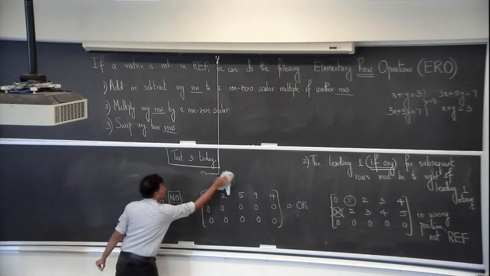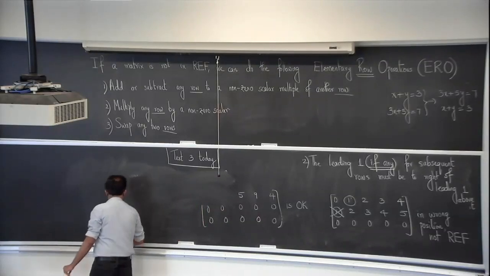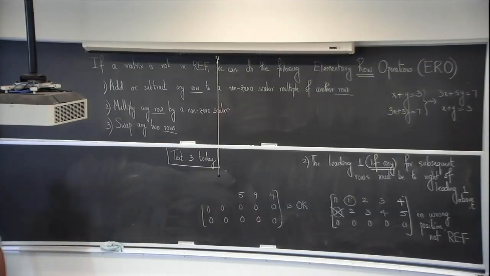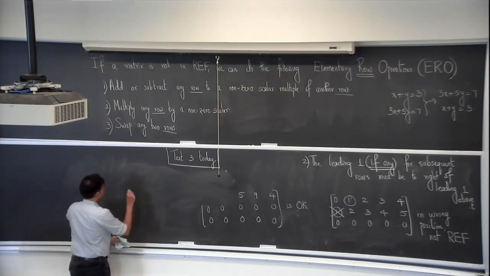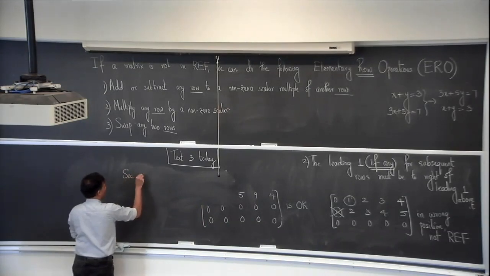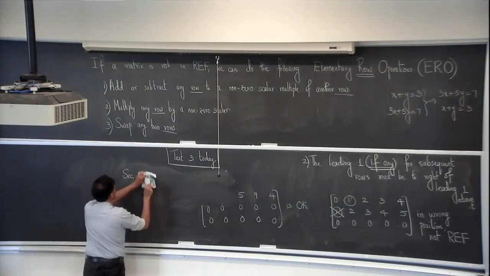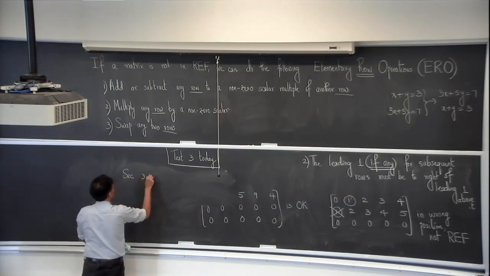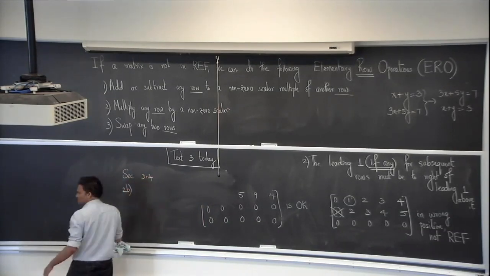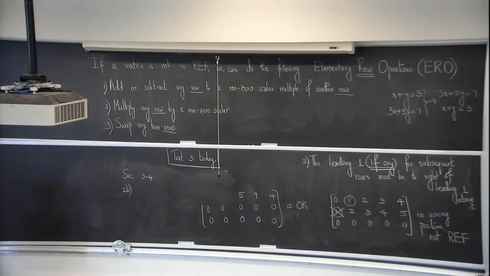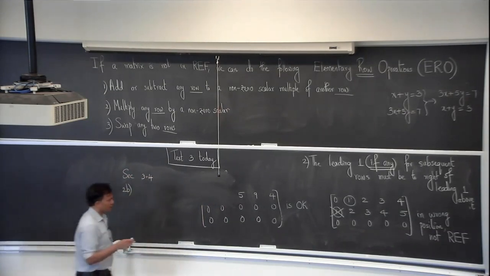All right, so let me look at this question here. So this is section 3.42b. Somebody will have to read the question out for me. If you could unmute and read the question out, or you could type it in, I don't know which one is easier. Or if you have a textbook here.